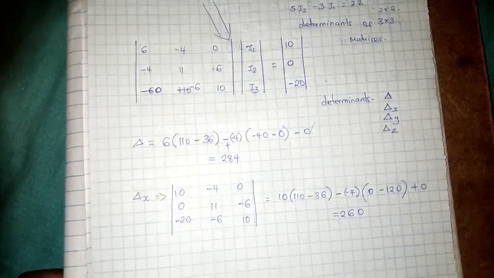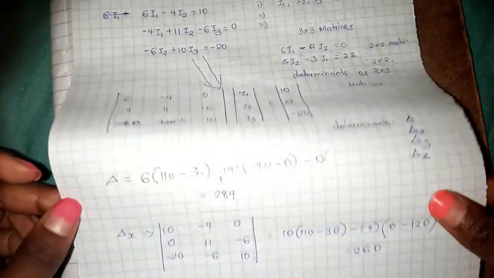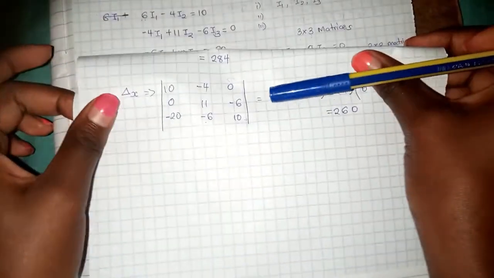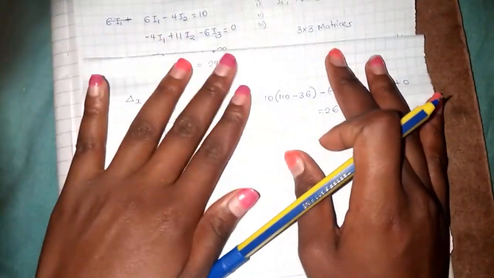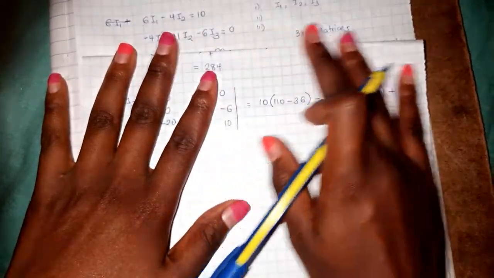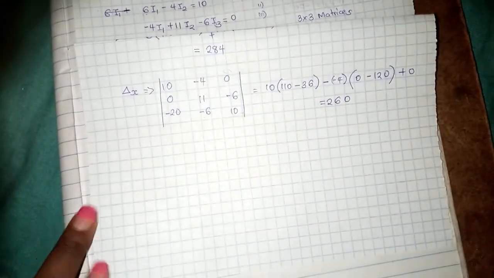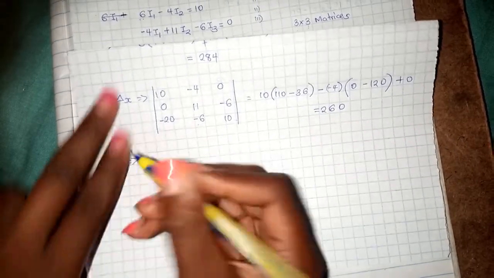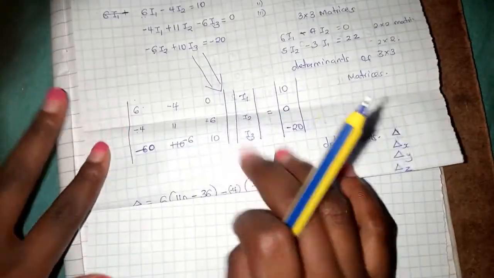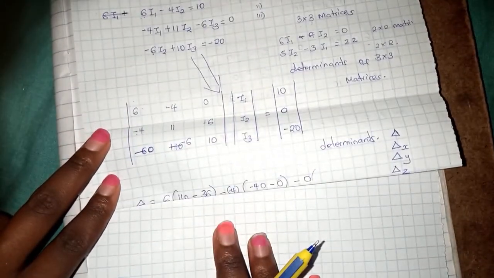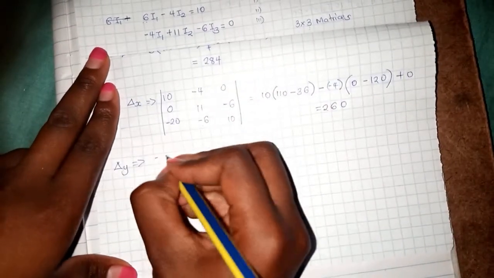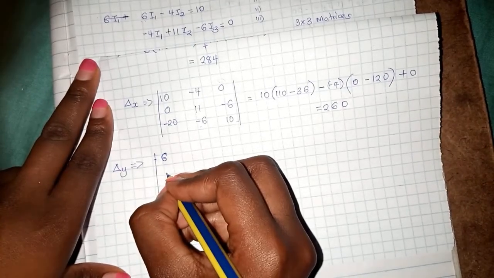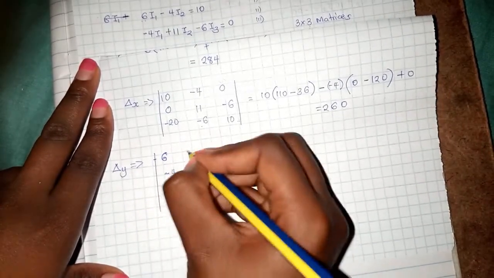And then on our last one, let me just fold this. Then we have the first values are, okay, this is positive 6, negative 4, 0.